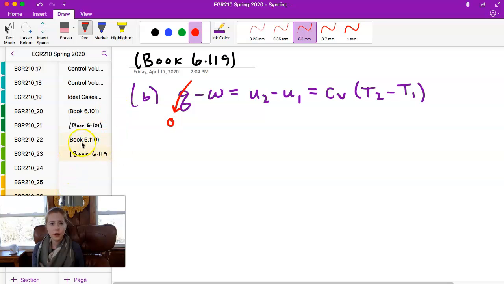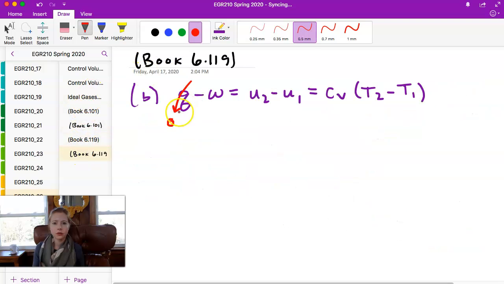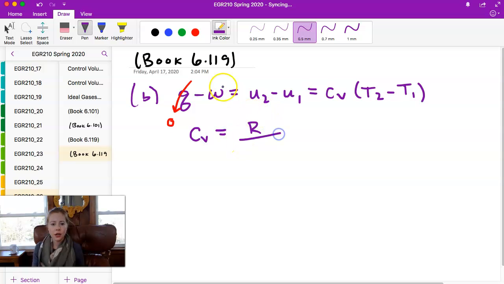So we're not going to have heat transfer, and so then we just need to find Cv. Cv, by definition, is equal to the gas constant, R, divided by K minus 1.